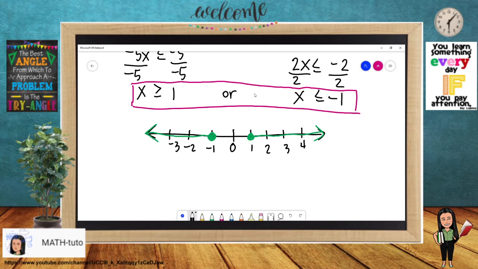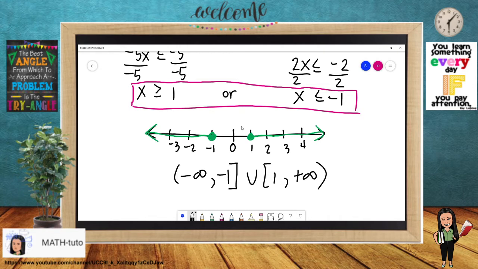Okay? In interval notation, our solution set will be negative infinity until negative 1. Negative 1 is included. Union 1 until positive infinity. Okay? So this means that the only values that are not part of the solution are the numbers from negative 1 until 1.